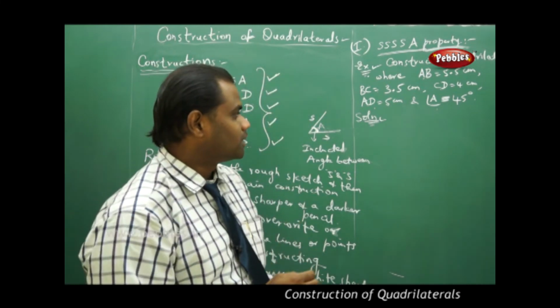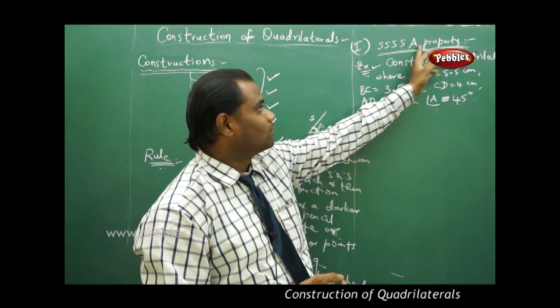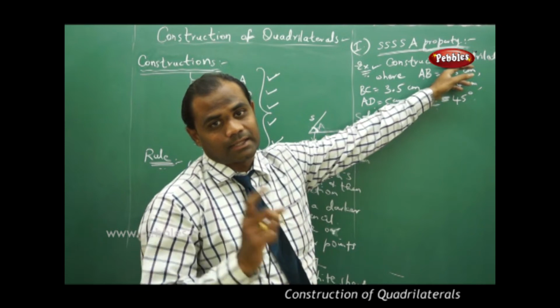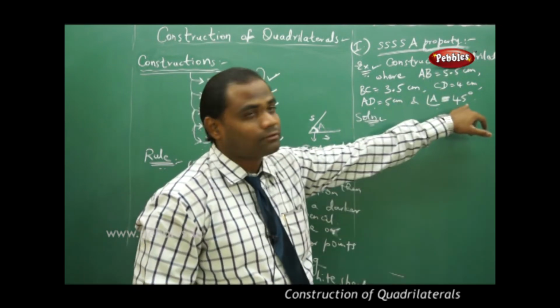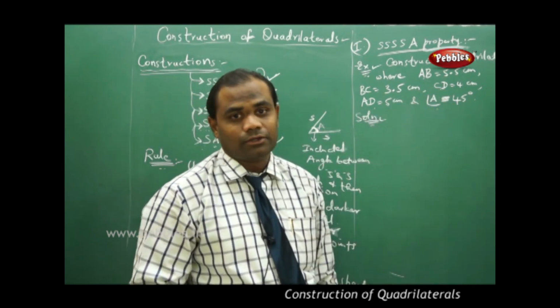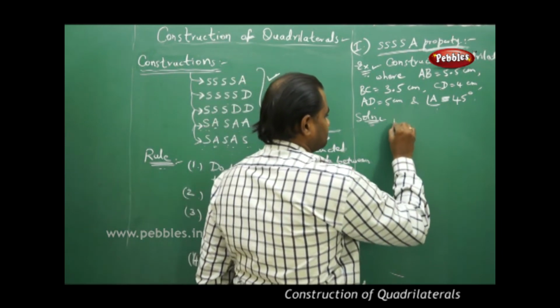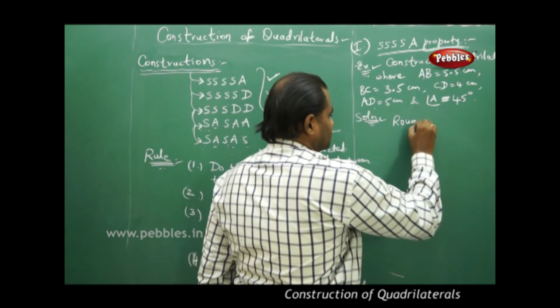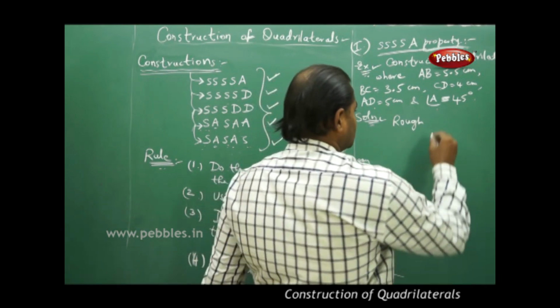But before we construct a quadrilateral, in case of the 4S and 1A property, the SSA property, I first identify the angle to be 45 degrees, and the base which includes the angle should always be taken as the base. So let's have a rough sketch. Our construction is always followed by the rough sketch and then the main construction.